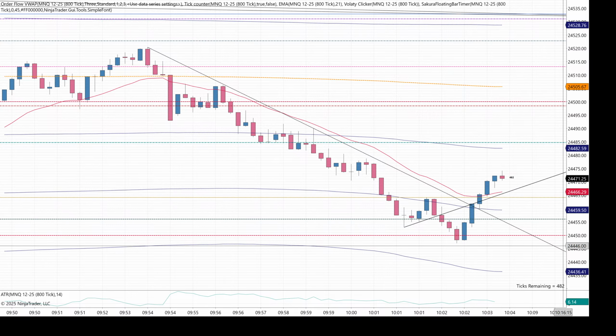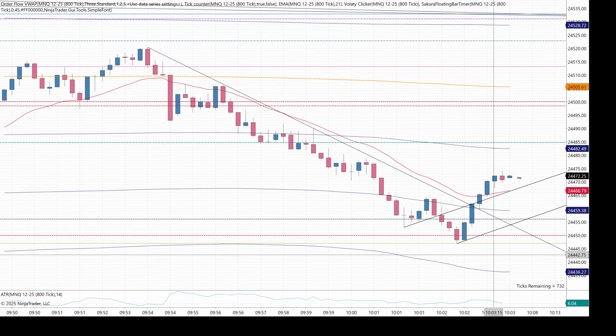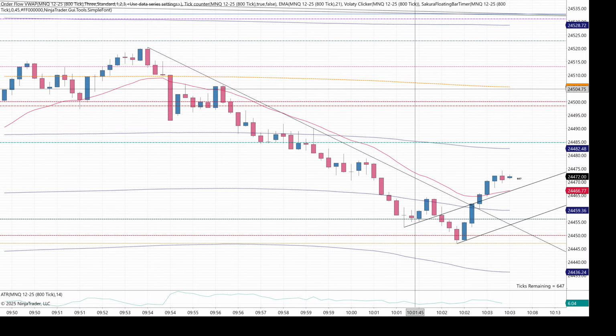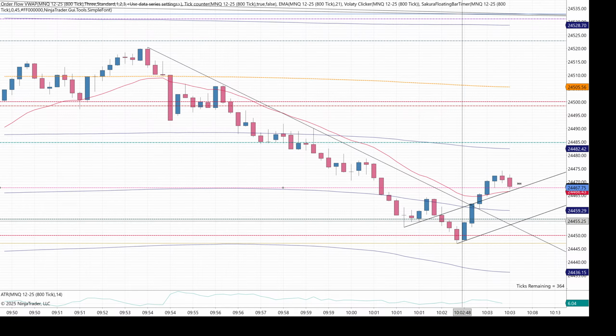Sinks. Just keep track of the runner though. Right here. All right, runner's been taken out.